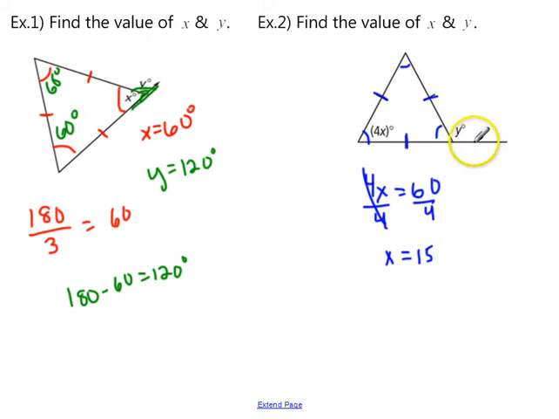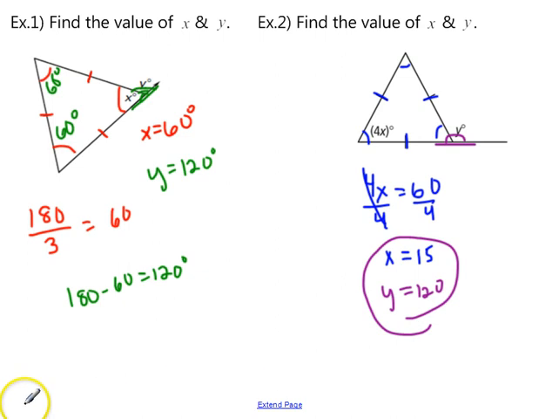Then, likewise, to get y, same idea. You can use the exterior angle theorem, or you can use the idea of linear pairs. In any case, y is going to equal 120. And that's our final answer.